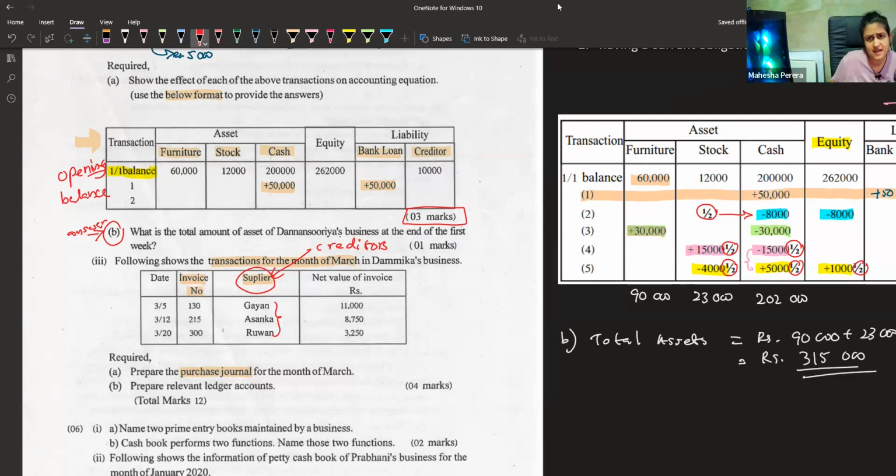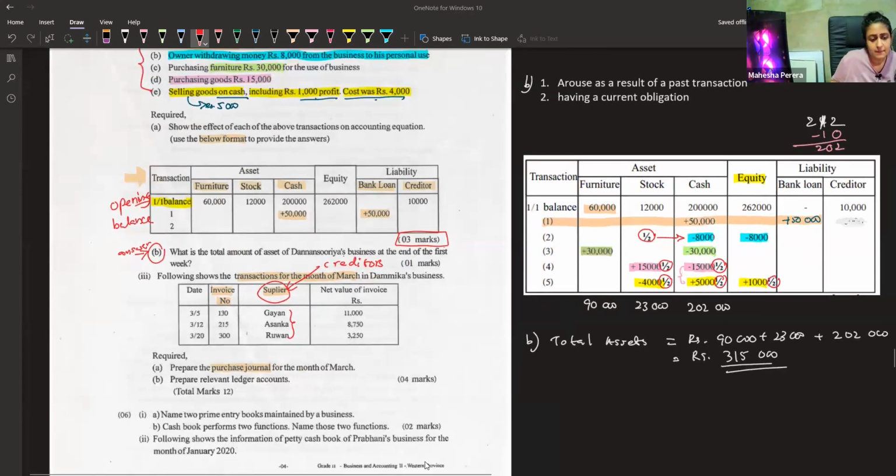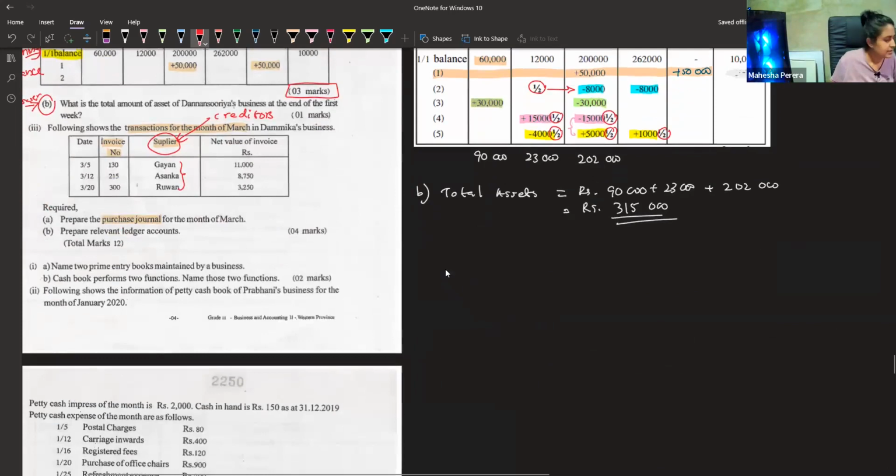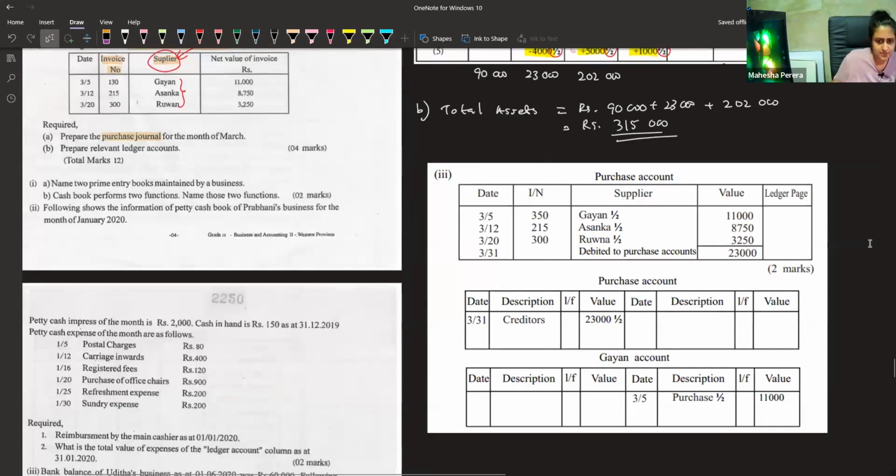I'm going to explain the answers using the marking scheme. Right? There are some small mistakes in the marking scheme, so we will correct them. Right, I'll paste this. This is the marking scheme. First of all, this should be purchaser's journal. Before drawing the table, write purchaser's journal and then draw the table.